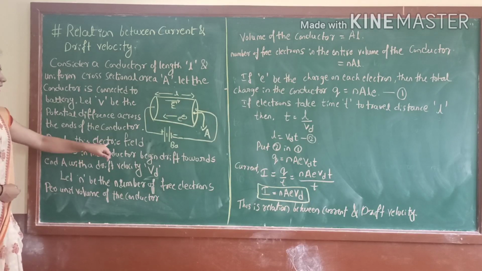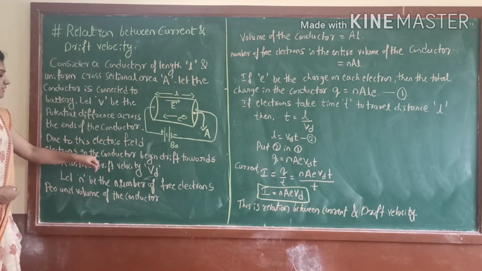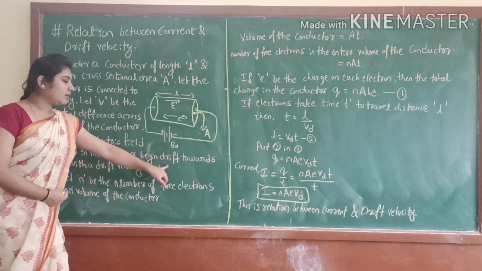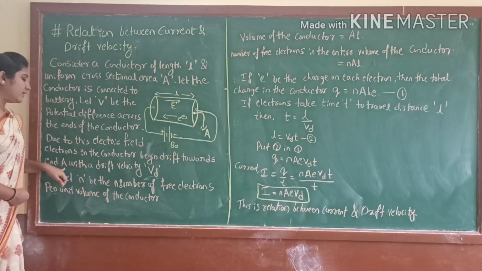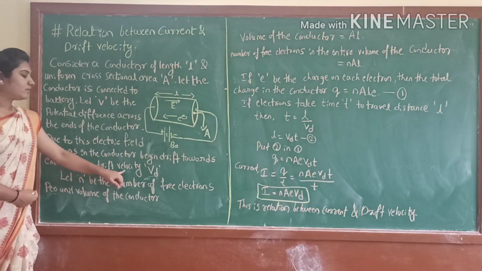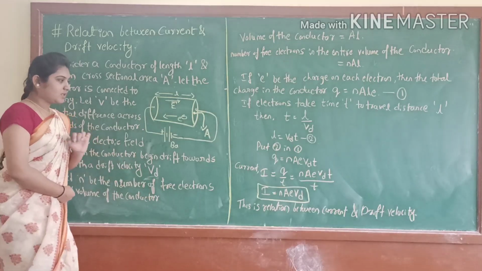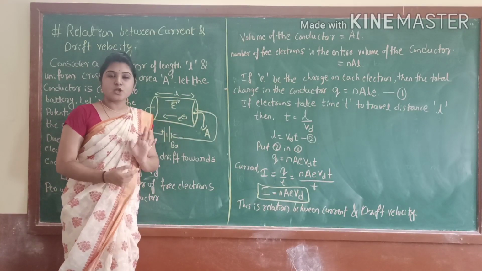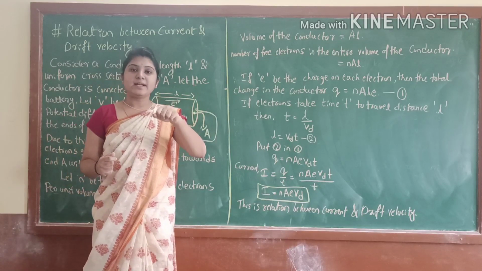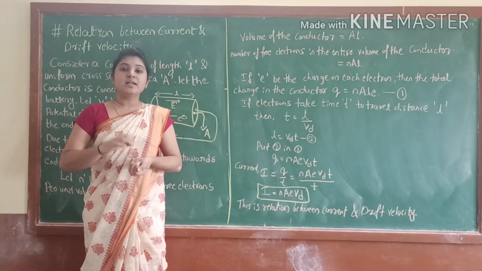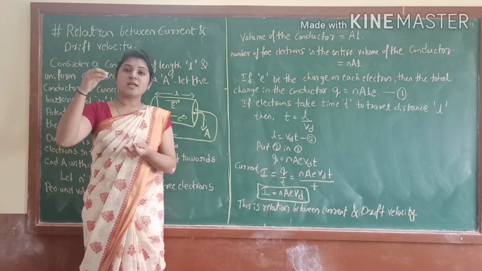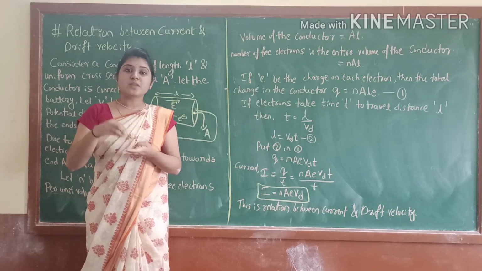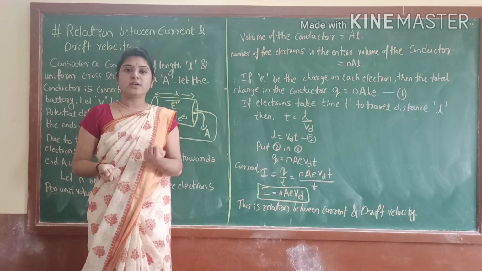So, due to the electric field, the electrons in the conductor begin to drift towards the end A with a drift velocity Vd. Consider this is one end of the conductor. So when I apply the electric field, what will happen? The electrons which are present in the conductor start to drift.